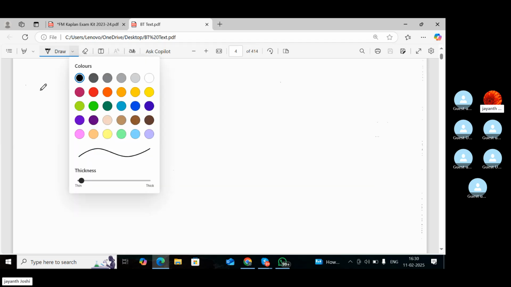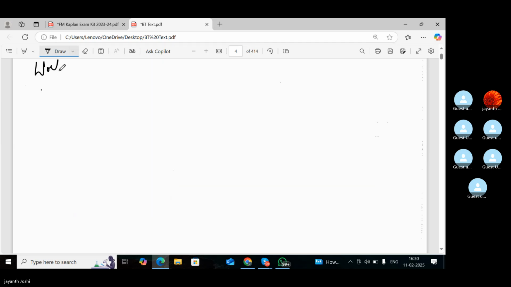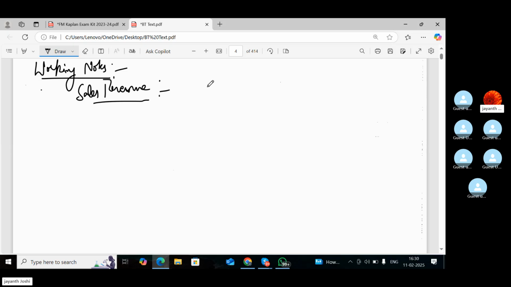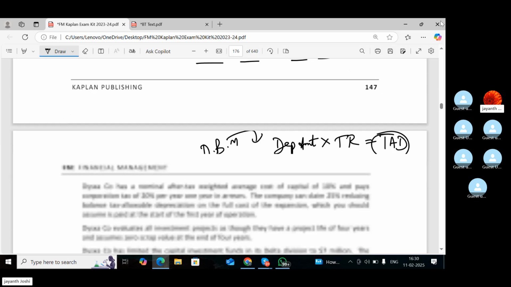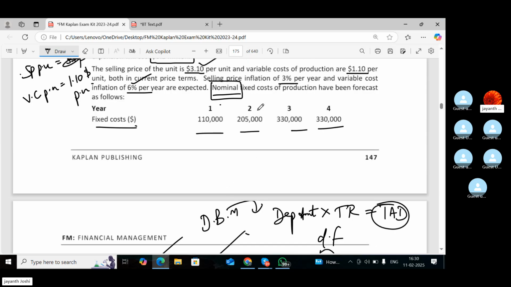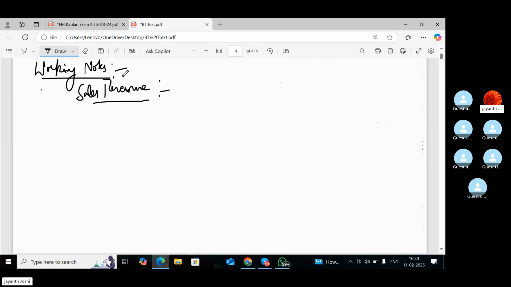We will start with working notes. So first we are going to calculate the sales revenue. How are we going to do that? They have clearly mentioned that the project is going to be for 4 years. Fine. Which they have clearly mentioned 1, 2, 3, 4. So first we will take the year.